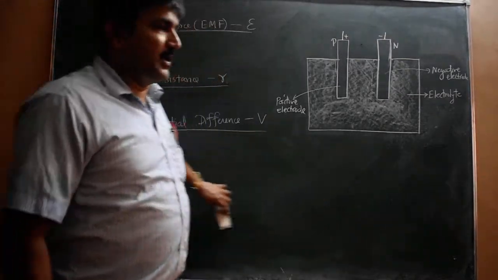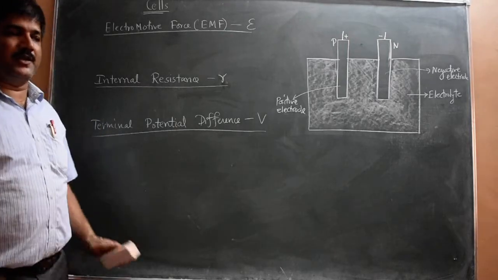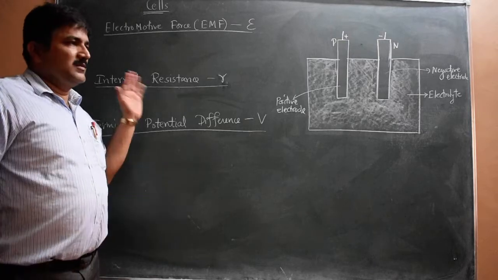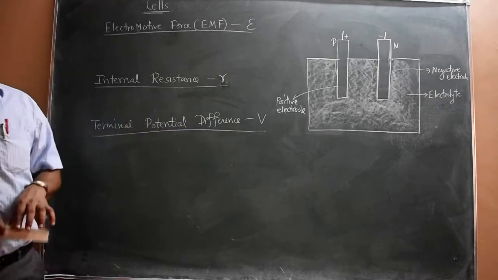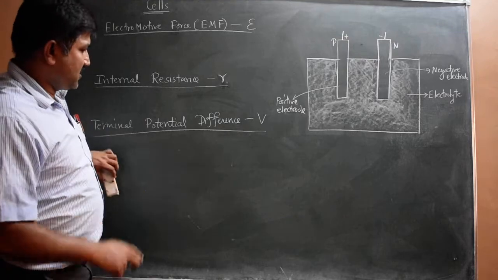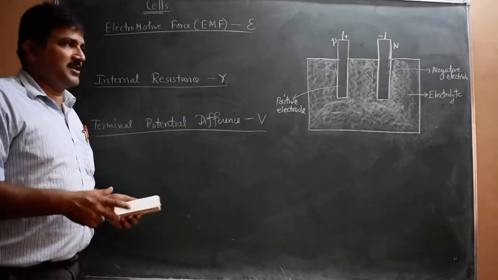They produce a current which is almost constant in magnitude, which drives a constant current through a given circuit component, a resistor or a bulb. But after a long time usage, the potential difference across the cell, or EMF of the cell, may slightly decrease, because the charges get neutralized continuously, so it is called discharged.